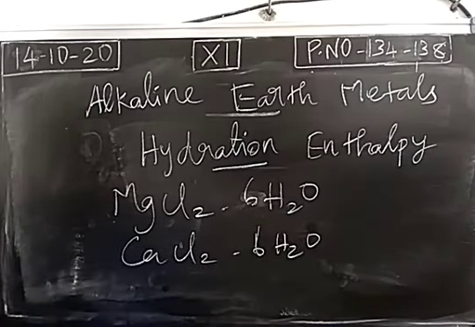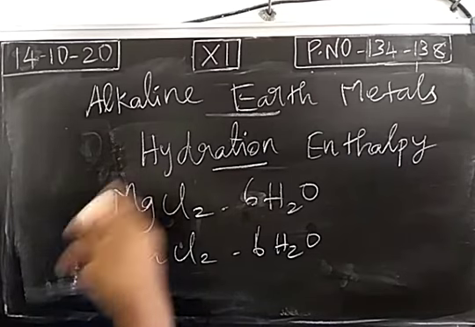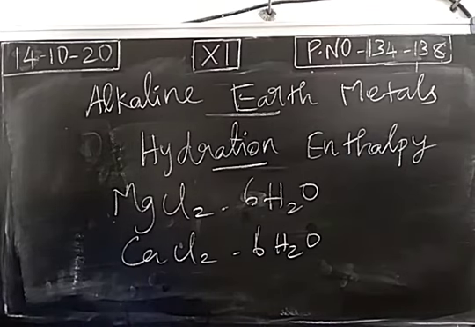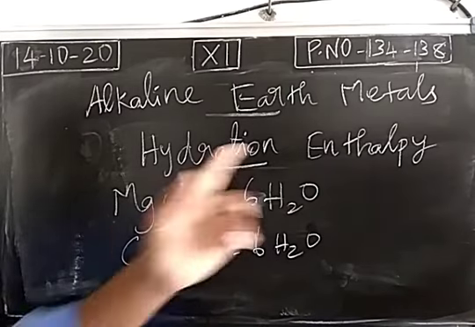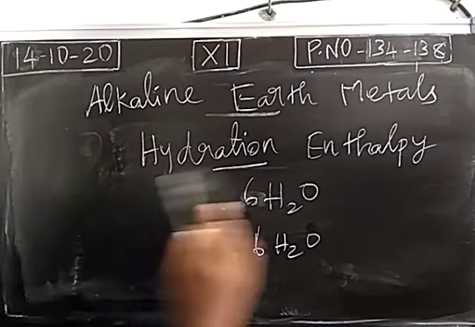Due to more hydration enthalpy of alkaline earth metals, the compounds of alkaline earth metals will easily dissolve in water, so they are forming hydrates. Sodium chloride, potassium chloride will not exist as a hydrate, but calcium chloride and magnesium chloride will exist as hydrates.